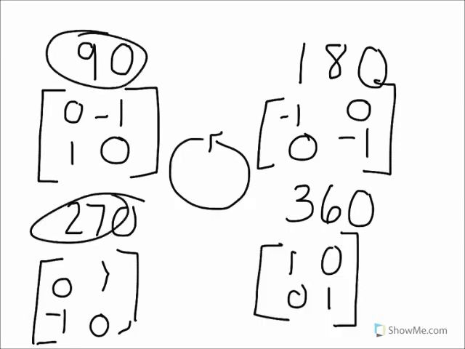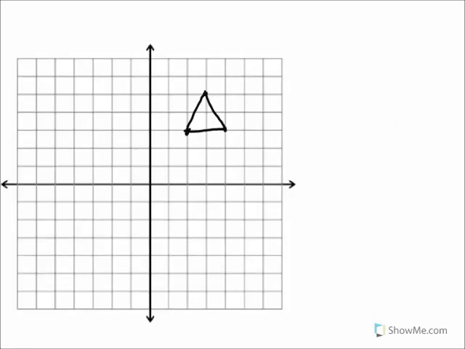For example, say your point is (a, b) and you want 90 degrees, you would multiply it by this matrix. Now for the next part of our lesson, we are going to rotate this figure using coordinate rules. So we are going to rotate it 180 degrees. (a, b) becomes negative a, negative b.